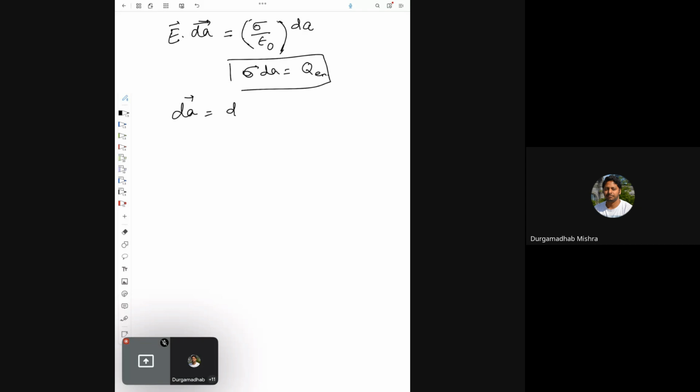Or sorry, let me write it down a different way. We don't know the direction of the area vector, but it has a magnitude dA and direction n cap. n cap is the normal to the surface.